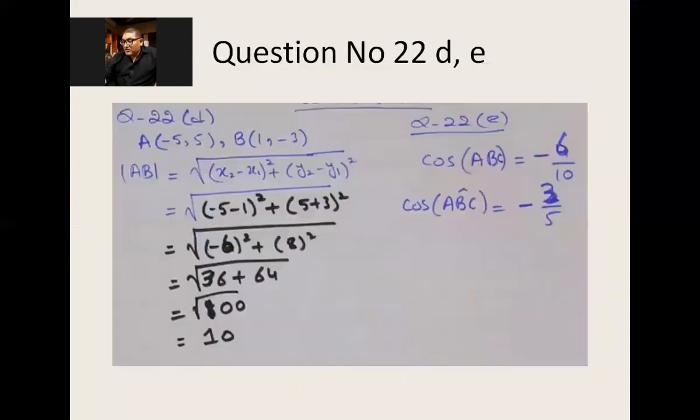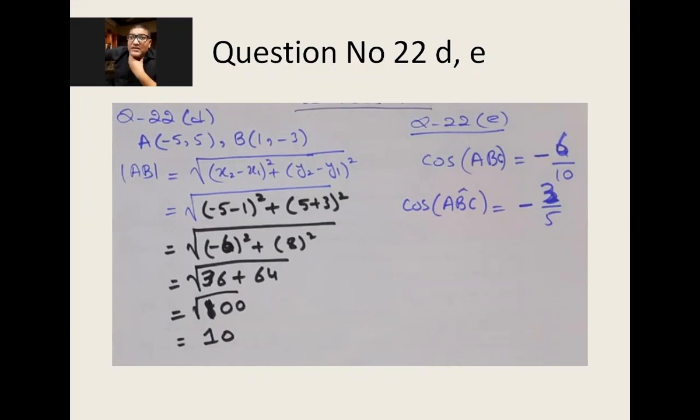Okay. So the next part, this is question number 22, D and E part. In the D part, he wants you to find out the length of AB. We know the coordinates of A, (-5, 5), and we know the coordinates of B, that's (-1, -3). And he wants you to find out the length of AB. So the formula is x2 minus x1 whole square plus y2 minus y1 whole square, all under a square root.